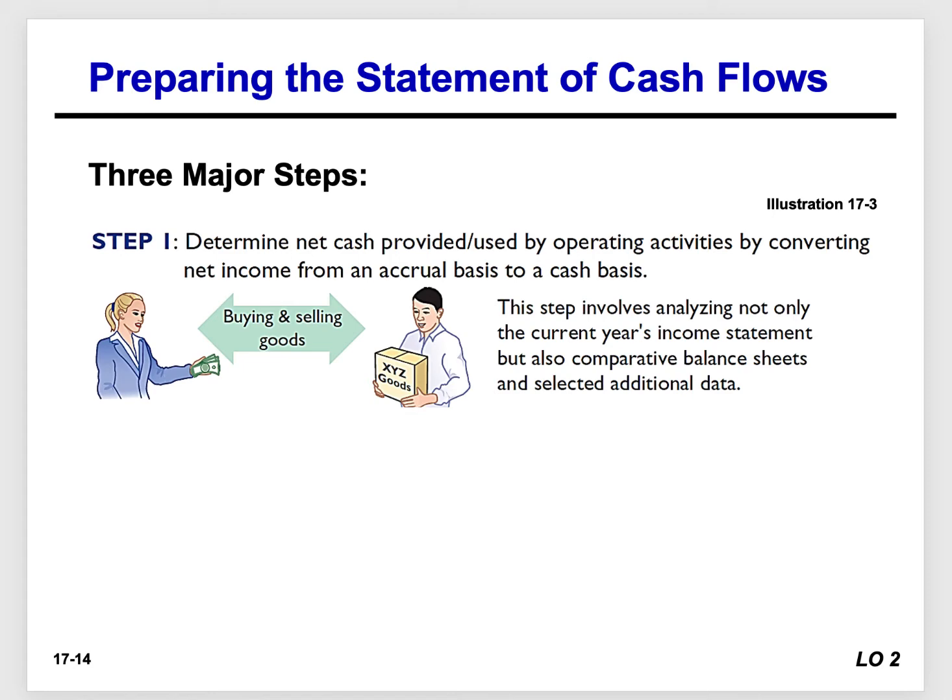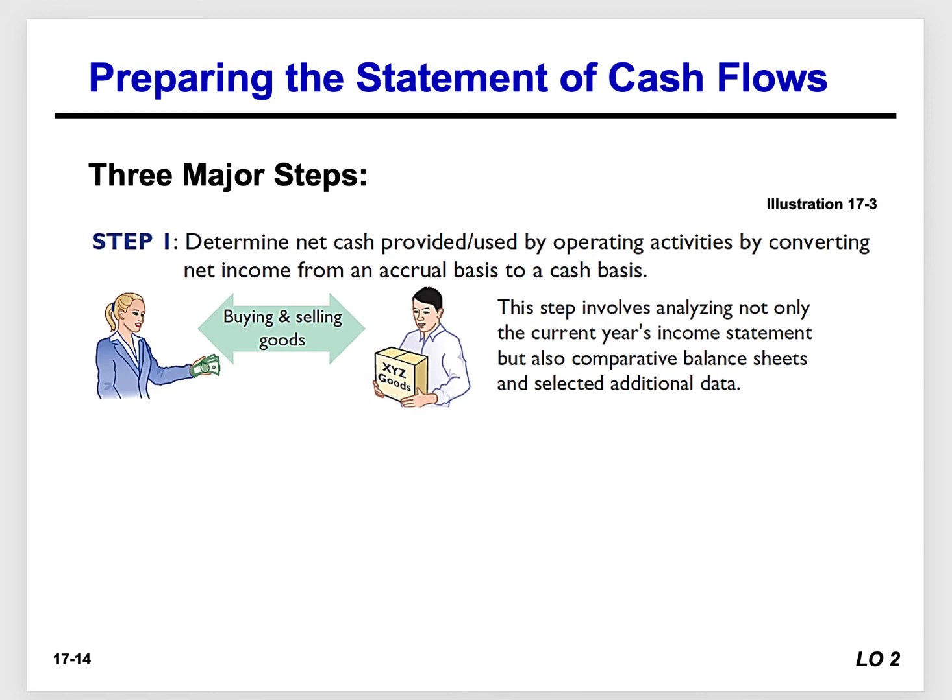Now, remember, our net income that we calculate on that income statement is based on the accrual method, right? And remember, accrual says we recognize revenue and expenses when it's either earned or incurred, not when cash is collected or distributed, okay? So that's number one, right?